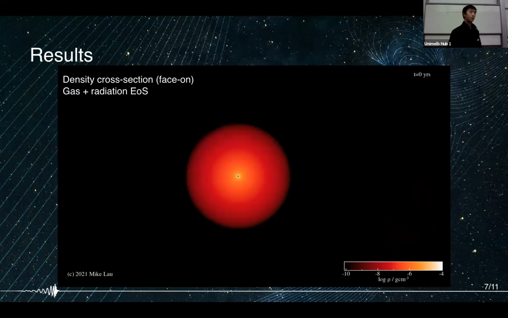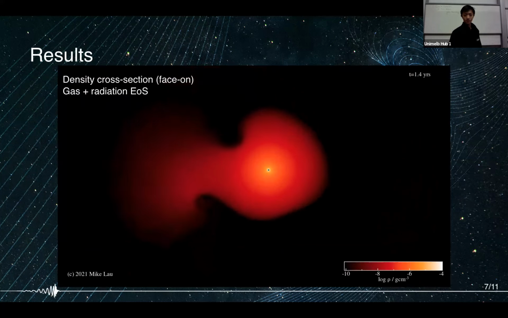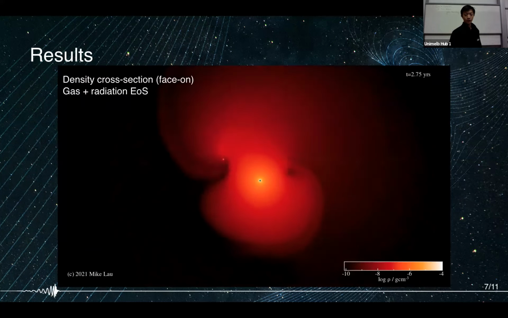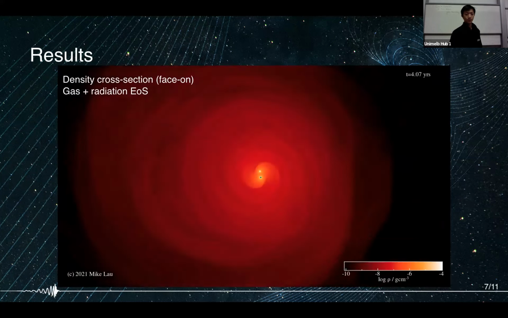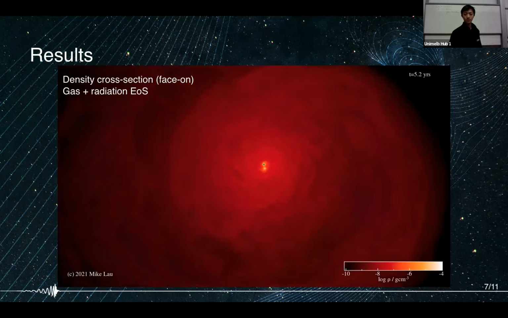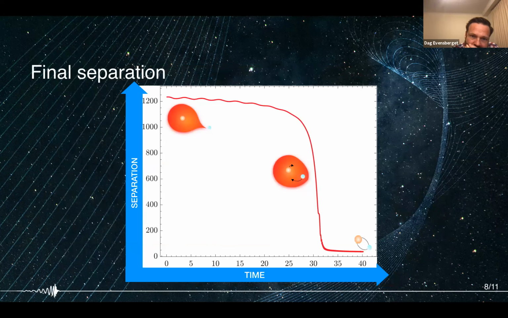This is a similar movie, but showing a density cross-section, looking at the orbit face on. And in this movie, it nicely shows the spiral wakes formed by the companion in the orbit. And so these are some qualitative results.